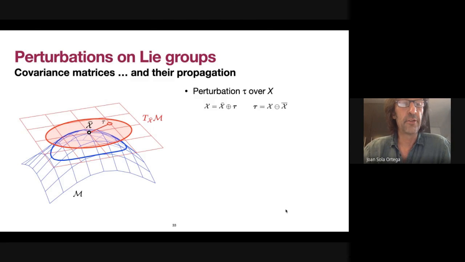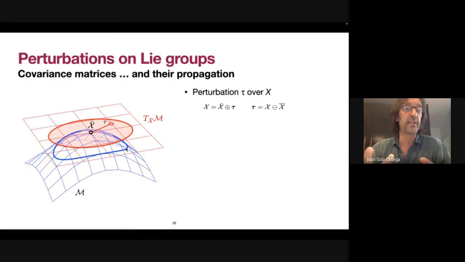Next thing to do is perturbations. You have a manifold, you have an element of this manifold, for example, X bar, and you want to perturb this element. When you perturb X bar in the manifold, you will go around the manifold. You can see the blue shape. It would be like the probability region of these perturbations.